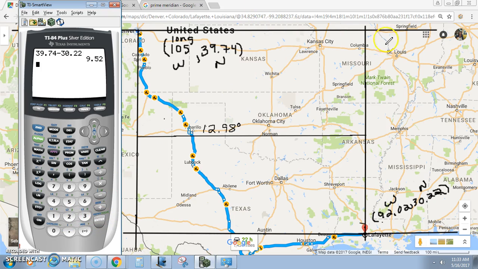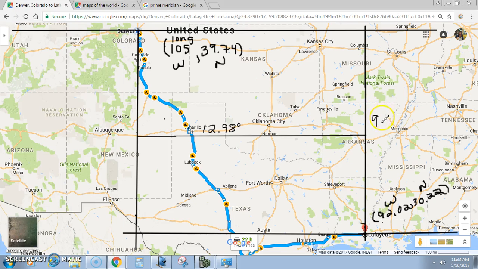So between these two vertical lines are both going to be 9.52 degrees difference, okay? So this 12.98 is the same as the distance between here and here, and 9.52 is the same as the distance between here and here.